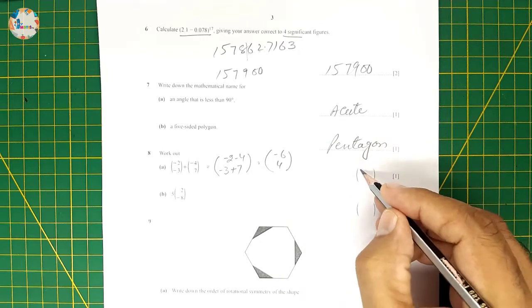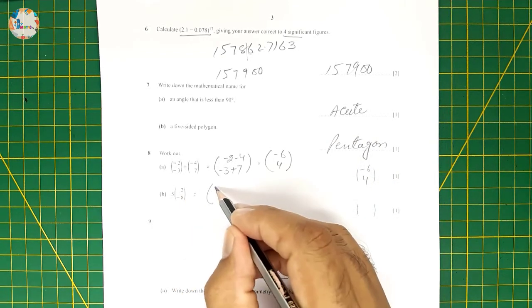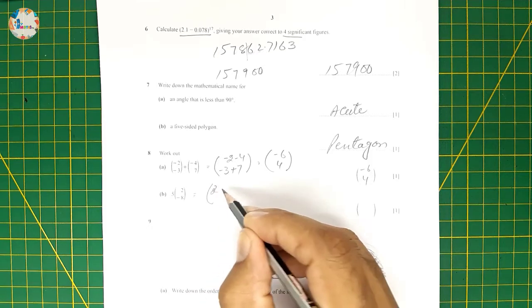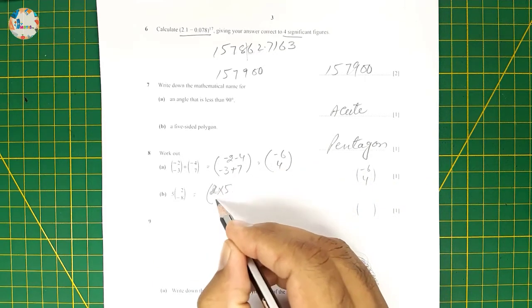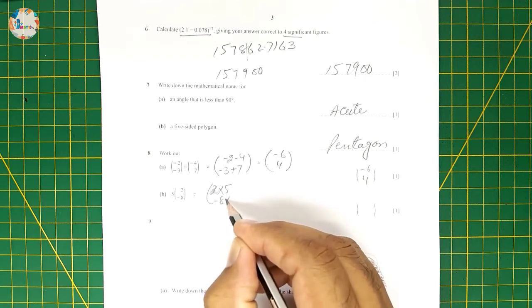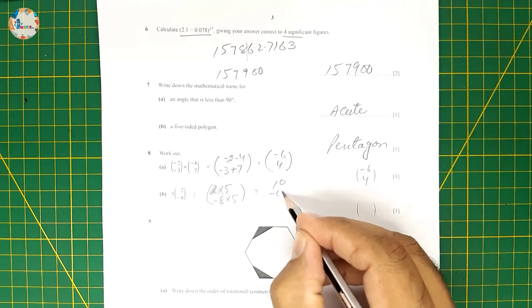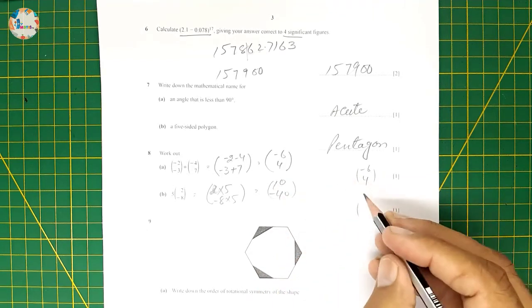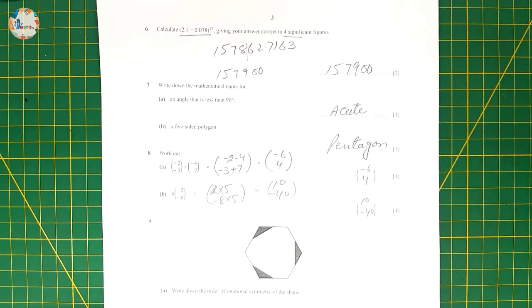So our answer will be -6 and 4. For this one we will be multiplying 2 by 5 and -8 by 5, and this will be 10 and -40. So this will be our answer, 10 and -40 over here.